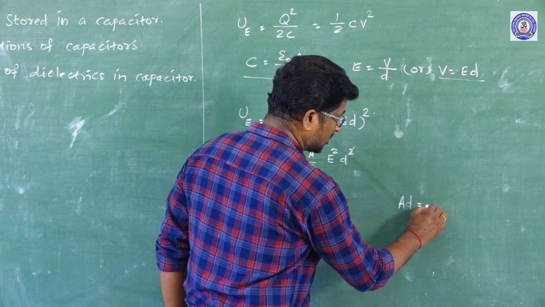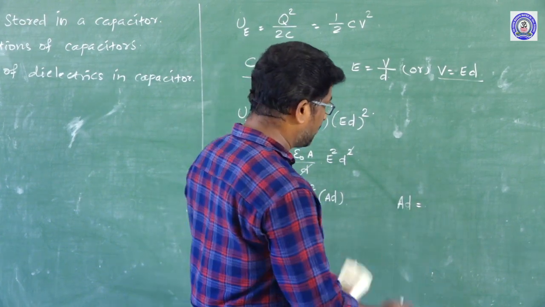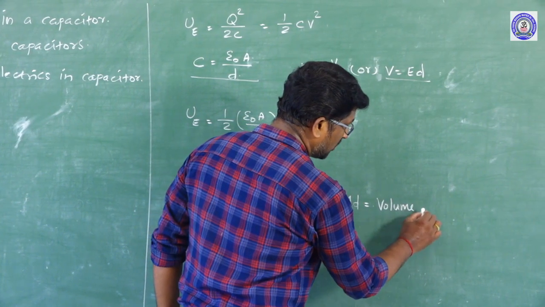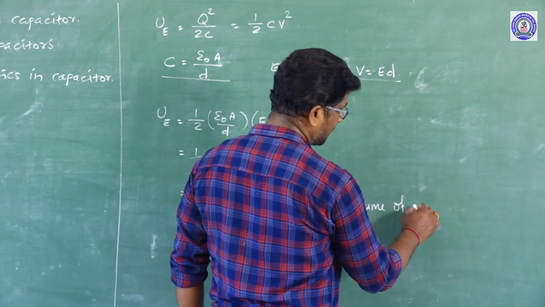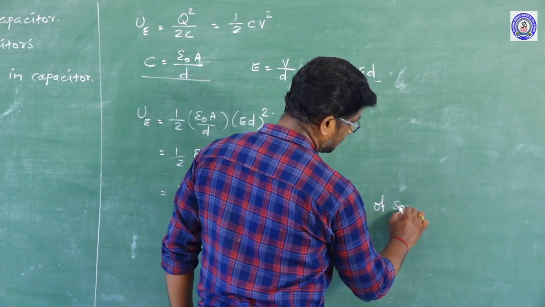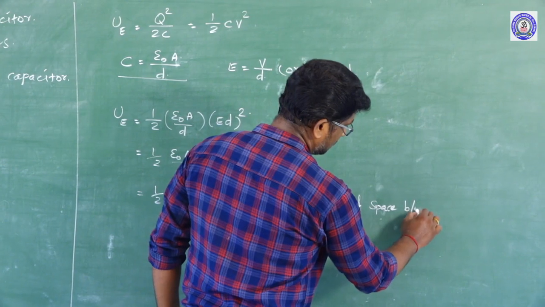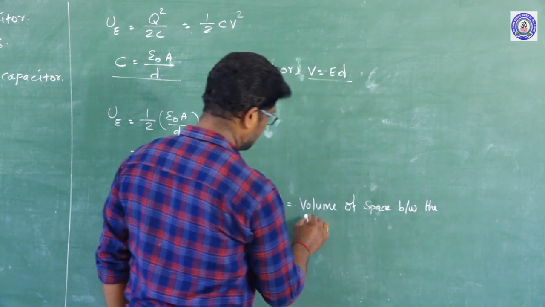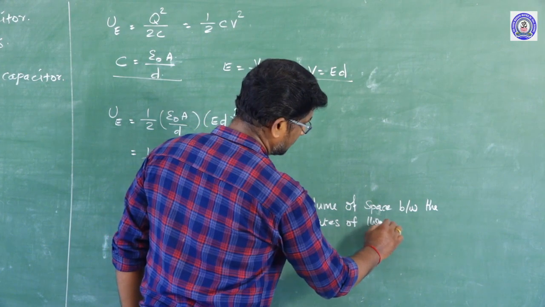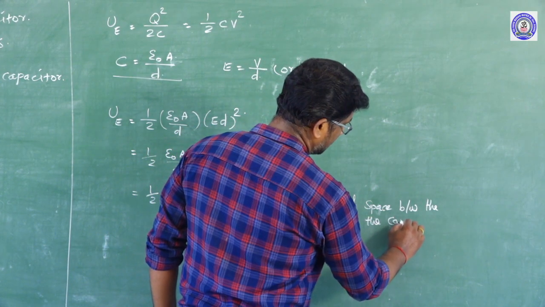Here, area of cross section and distance between the plates, the product gives the volume of the space between the plates of the capacitor.